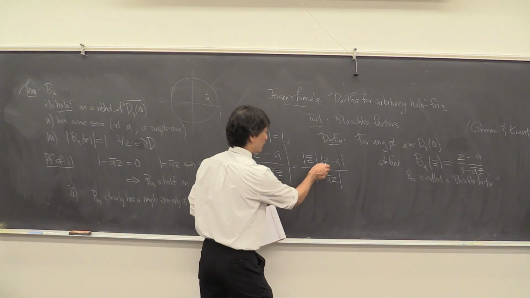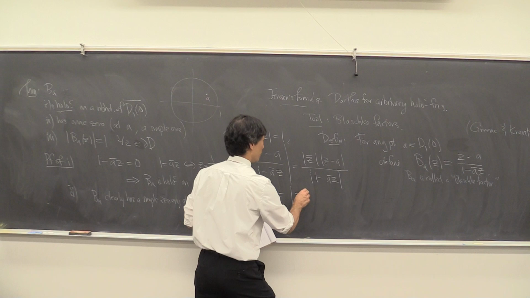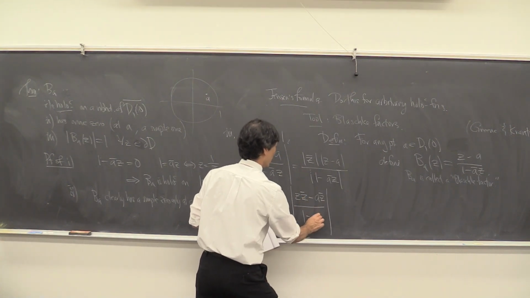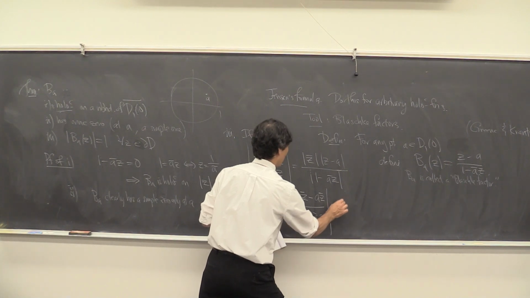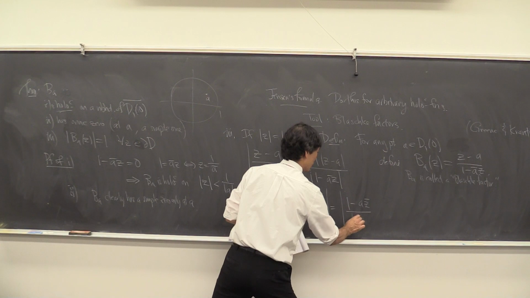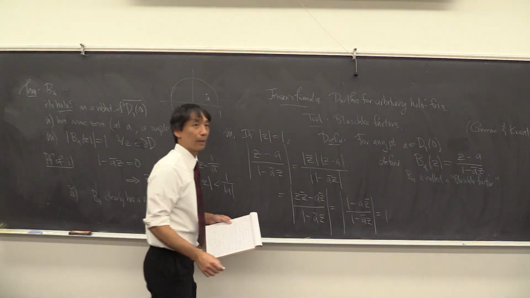And that would give us z z bar minus a z bar over 1 minus a bar z, which is just 1 minus a z bar over its conjugate. So that's what that was.